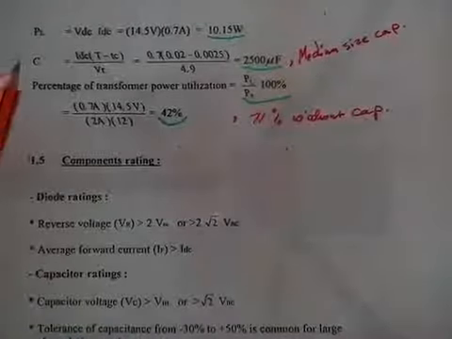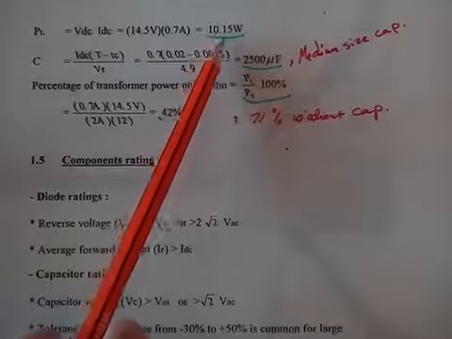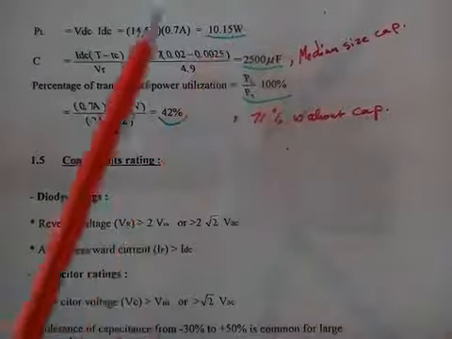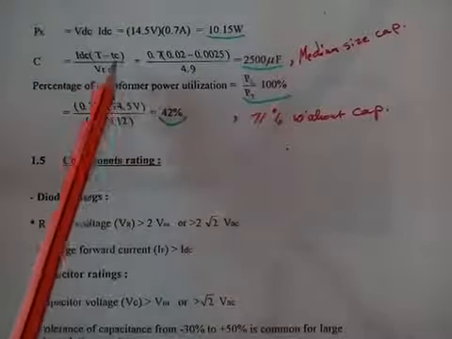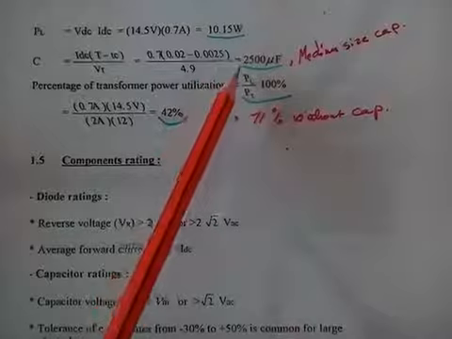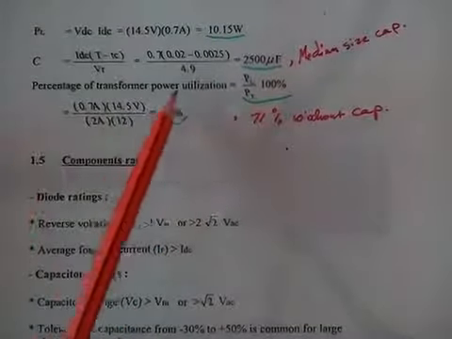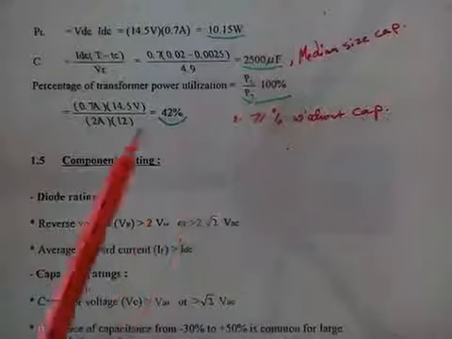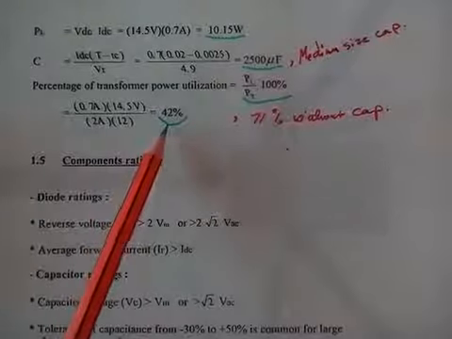Now the power of the load in such a case would be equal to 10.15 watts. The capacitor size, plugging the values into the equation, would give us around 2500 microfarad. And the percentage of the transformer utilization, like we said before, plugging the numbers would get 42%.